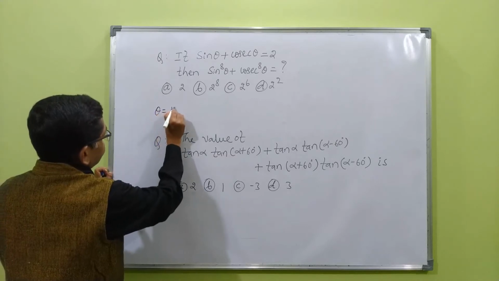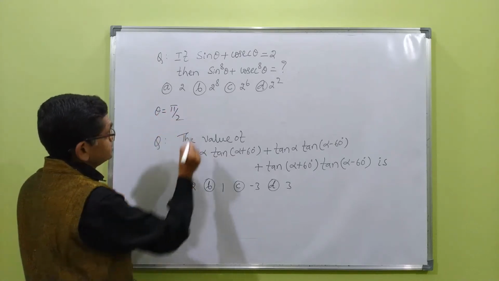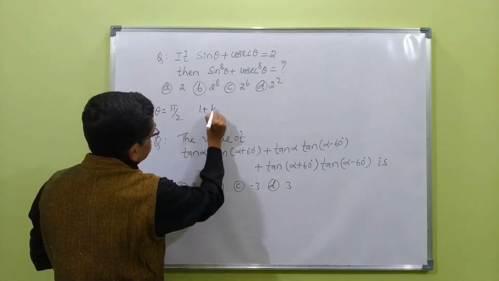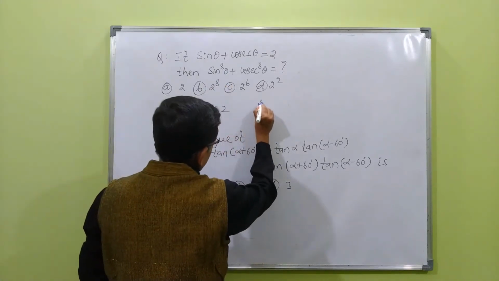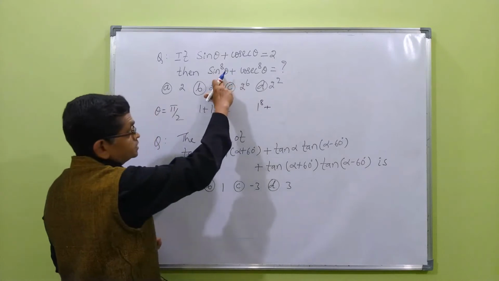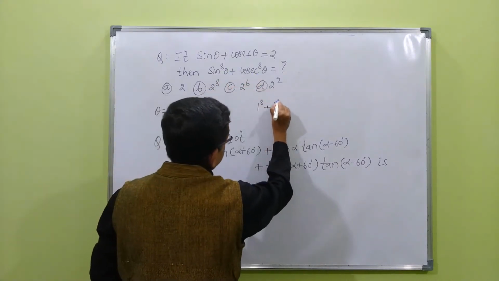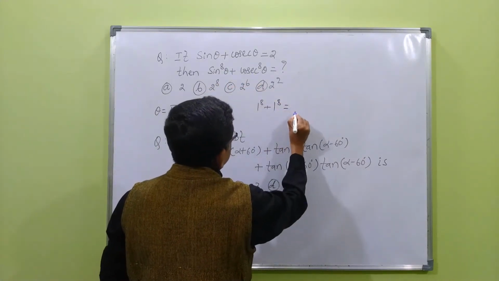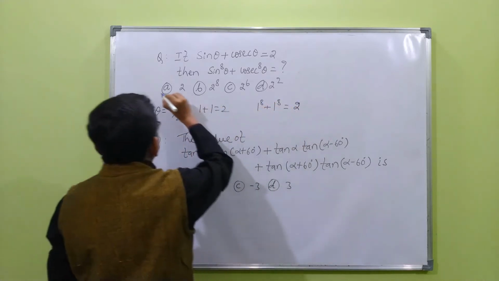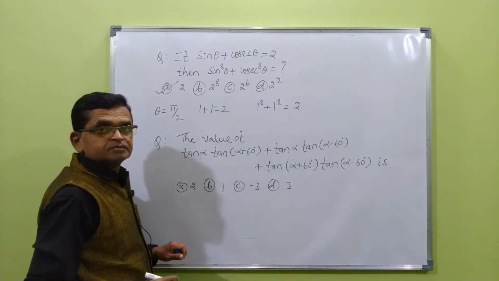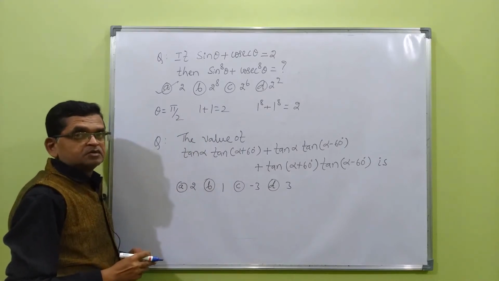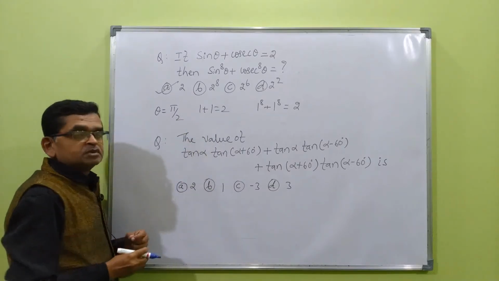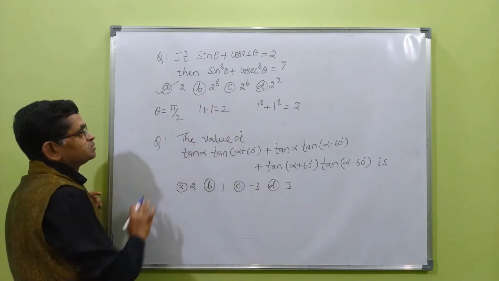Put this. What happens? 1 plus 1 is equal to 2. Here also 1 raised to 8, and this is 1 raised to 8 again. That is 2. So A is the correct answer. Within a fraction of a minute, or within 2-3 seconds, you can solve this.